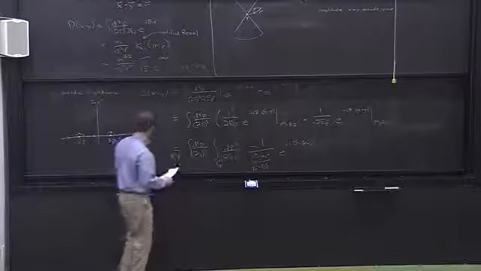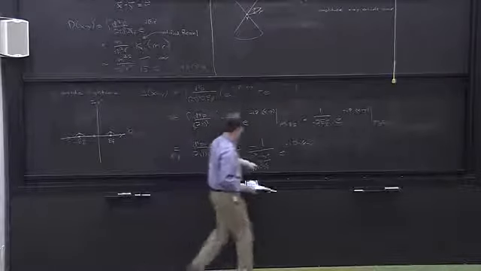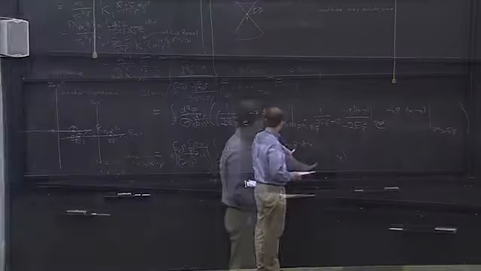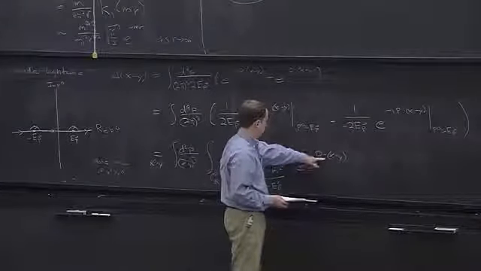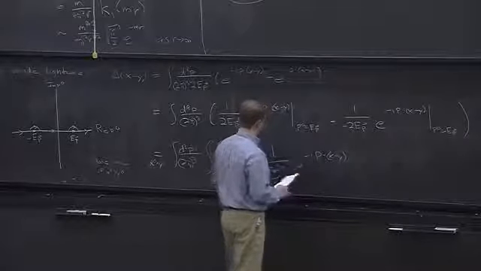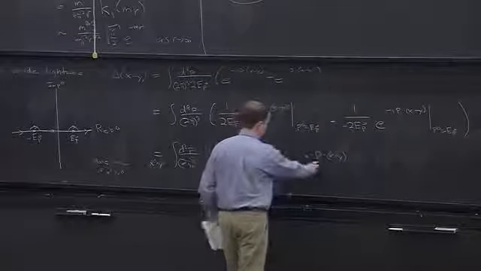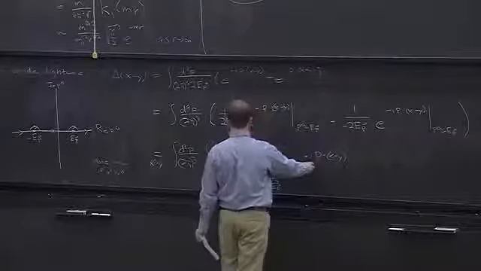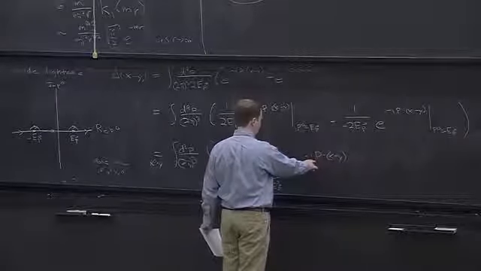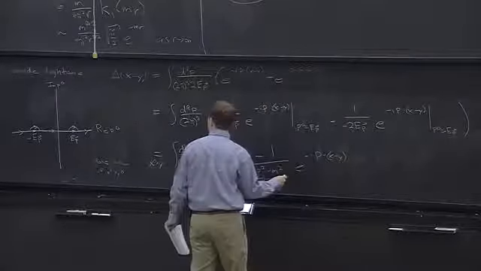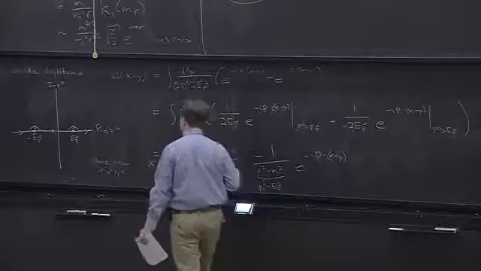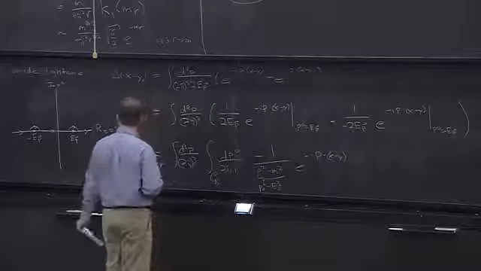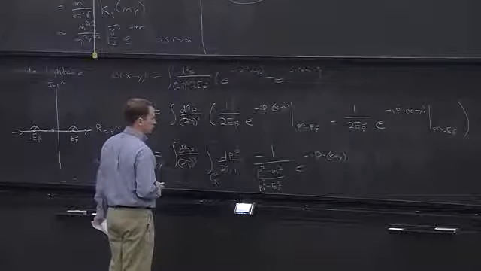Since we're integrating over p0, we want a decaying exponential here.